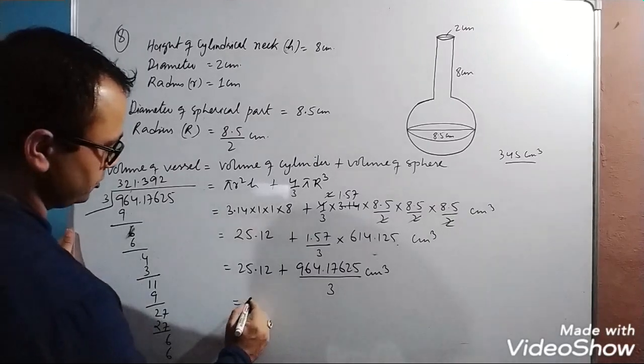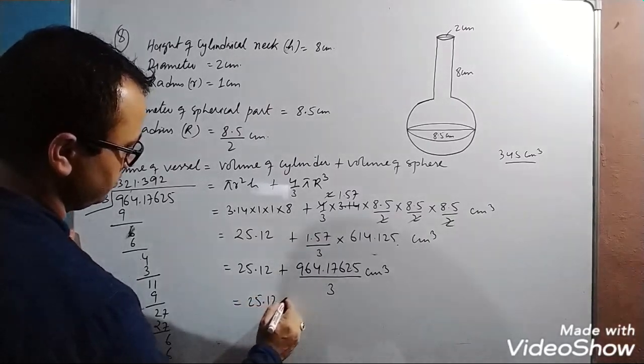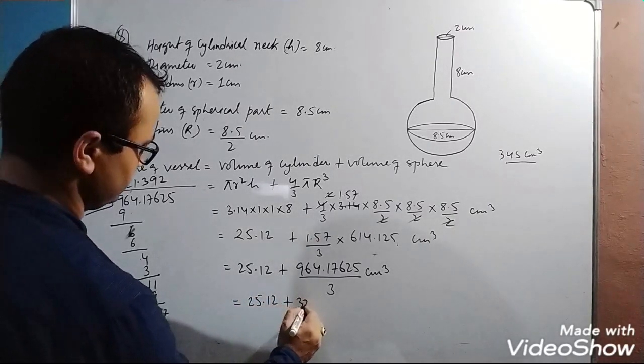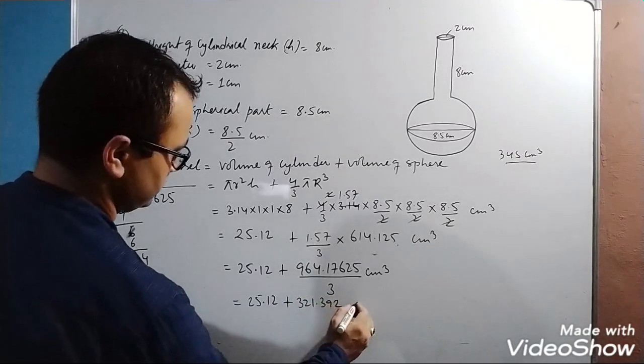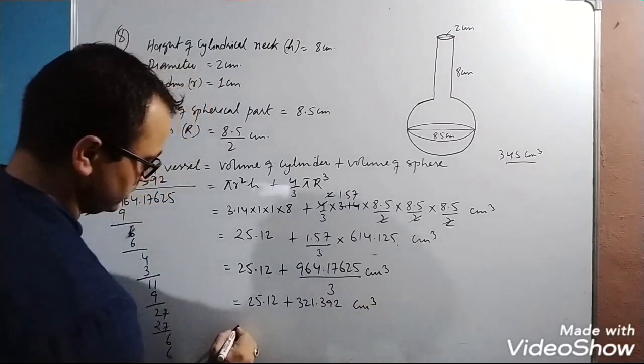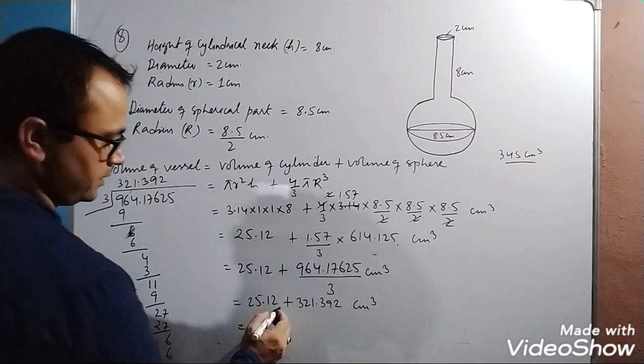So this equals 25.12 plus 321.392 centimeter cube.